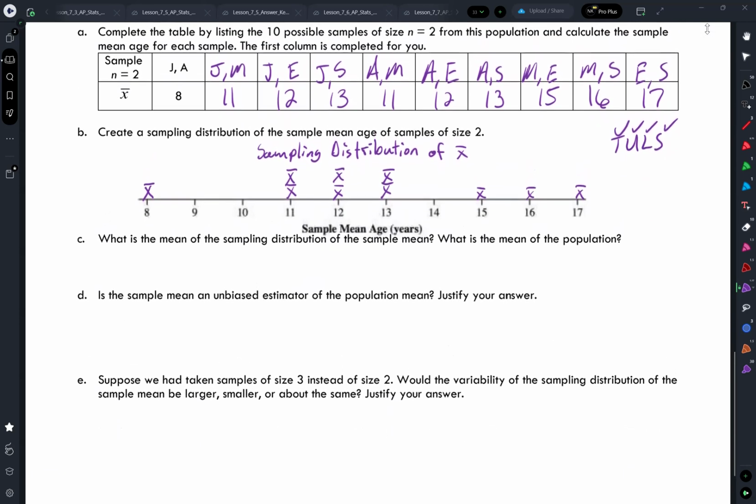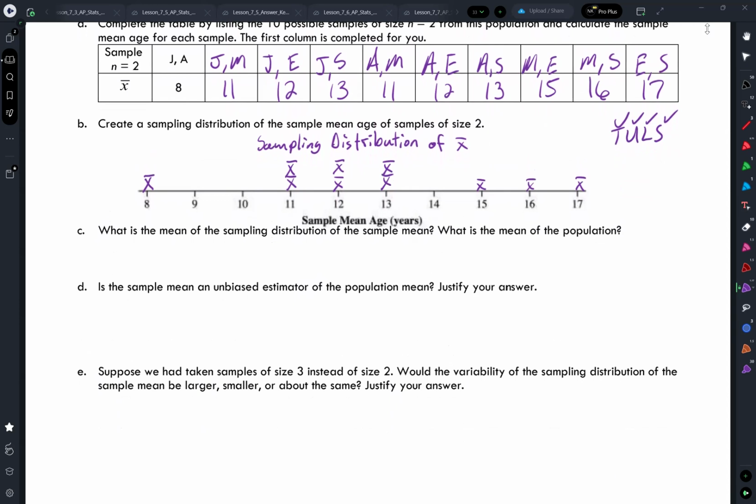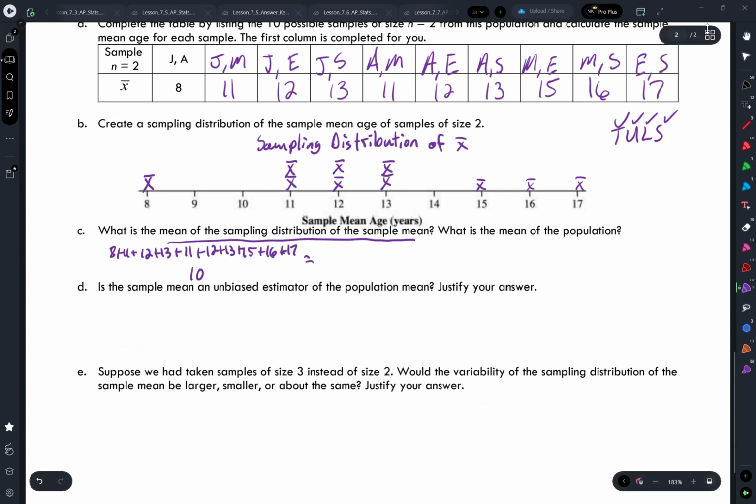What is the mean of the population? Okay, so the mean of the sampling distribution would be 8 plus 11 plus 12 plus 13 plus 11 plus 12 plus 13 plus 15 plus 16 plus 17, all divided by 10, which would just come out to be 12.8.